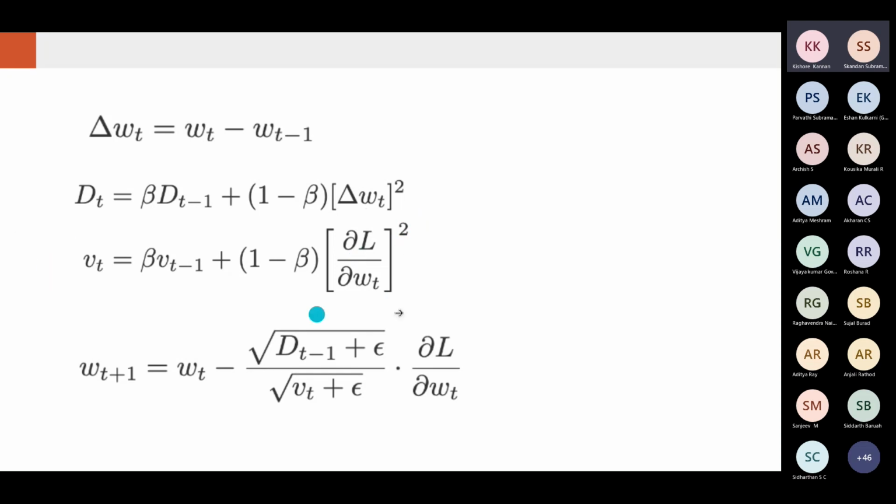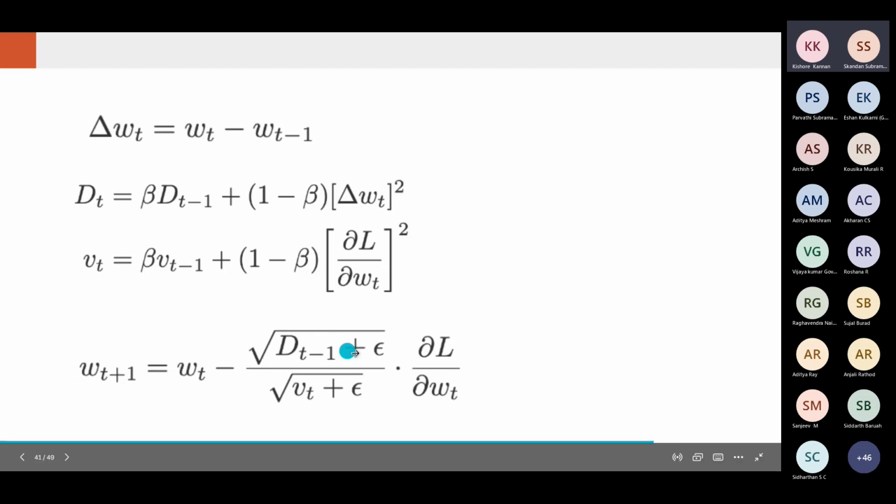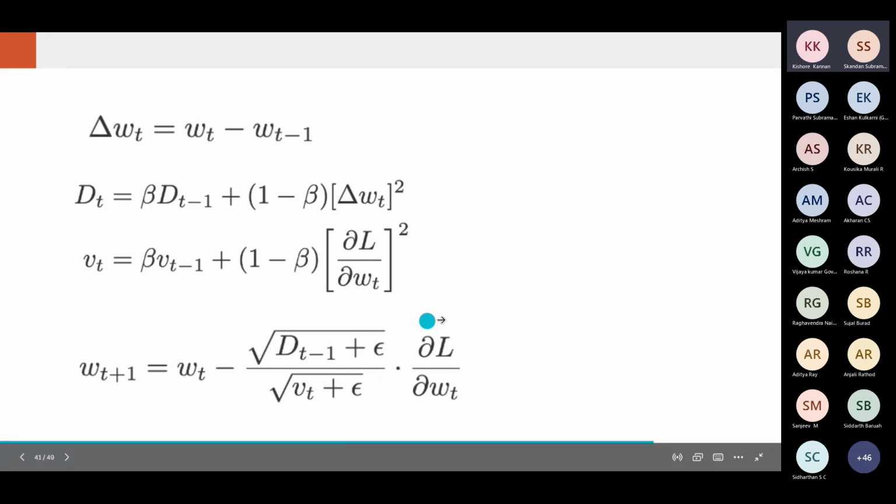This step is the same as the one we did in RMS prop, and the update equation will be slightly different. Instead of the eta parameter that we used in Adagrad and RMS prop, here we'll use root over d of t minus 1 plus epsilon. So here you can see we are not defining any external parameter that has to be set before training the network.